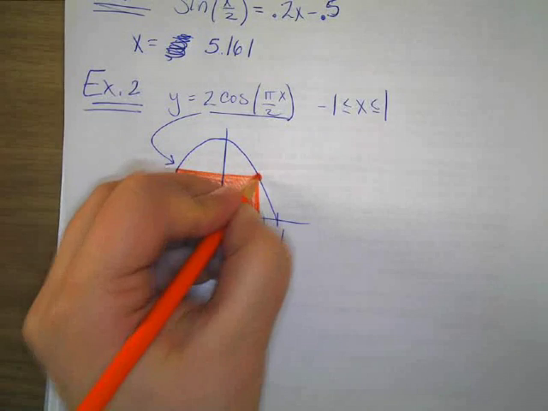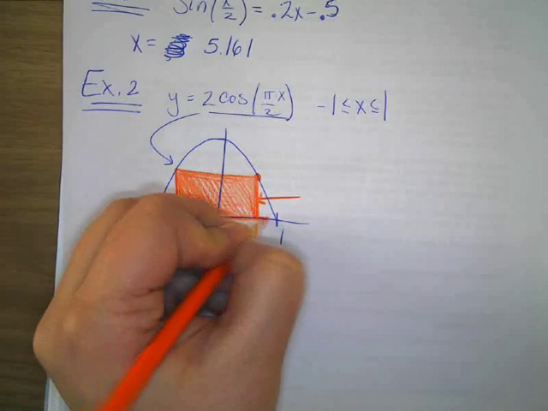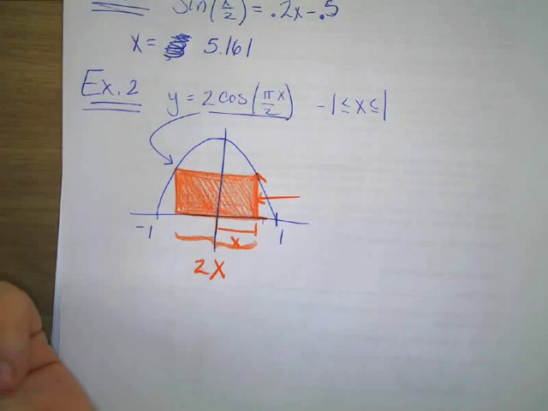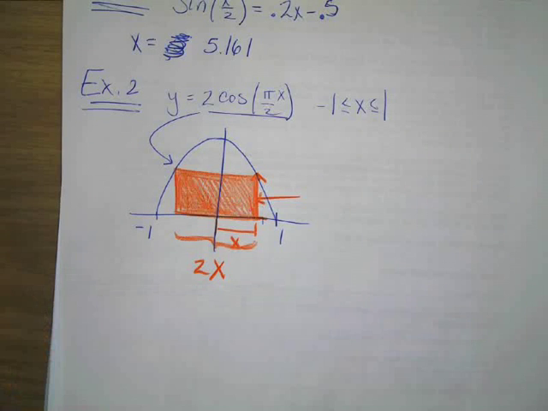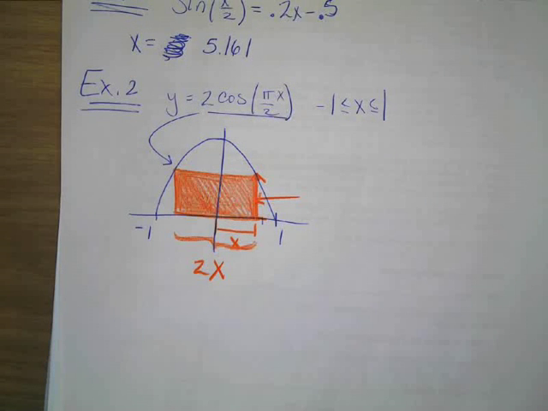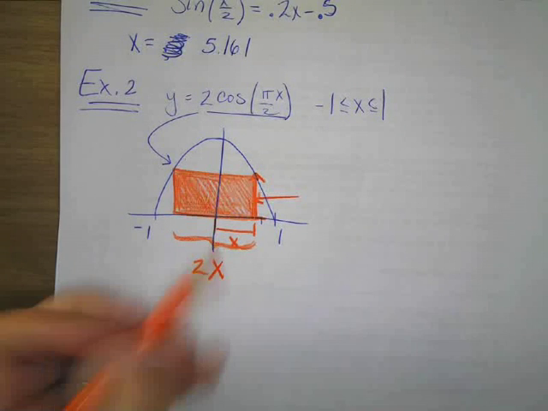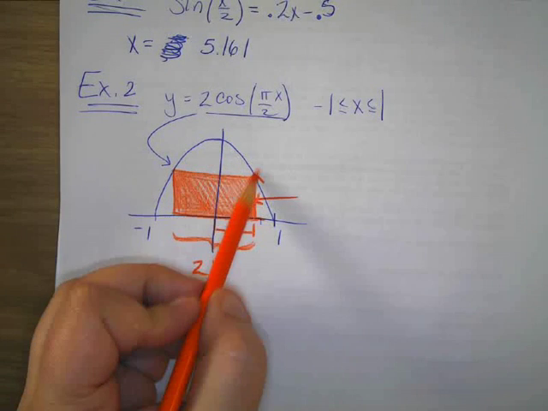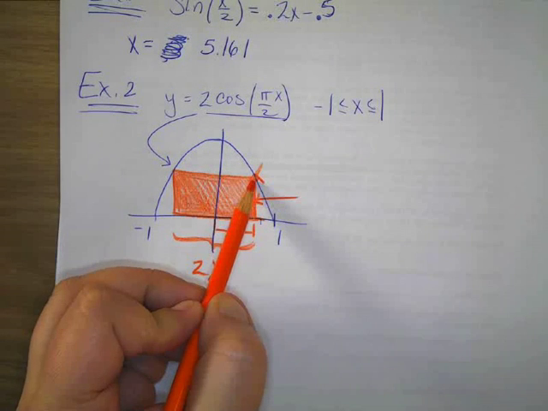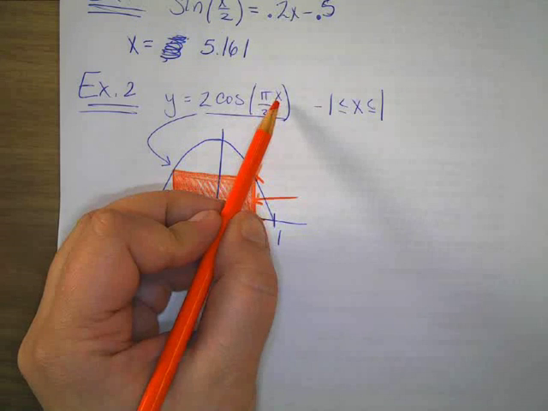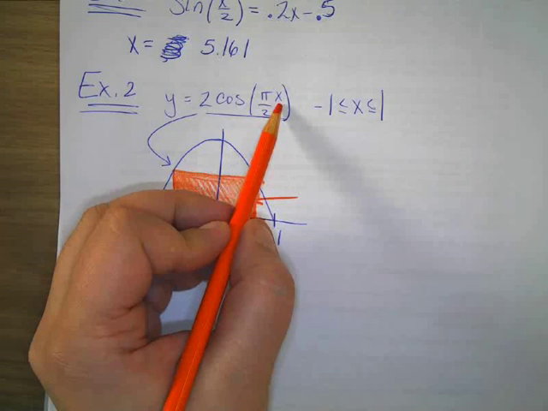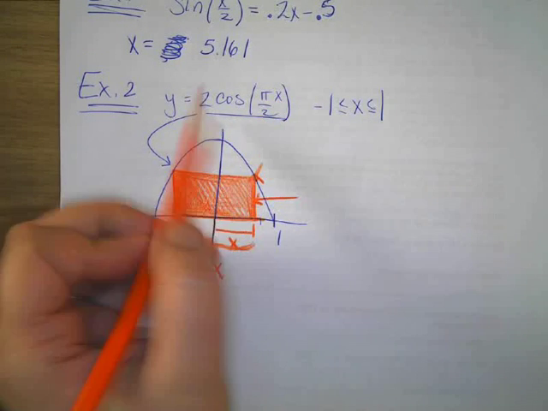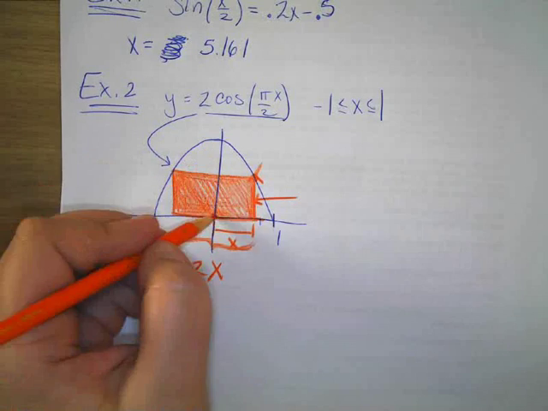What is the height? The height is the distance from the x-axis up to the curve. So what's the height of this? What if I said the x was at 0.5? How would we figure out where this would meet right here? We would put 0.5 in for x and get a number out, right? What if I said it went out to 0.8?